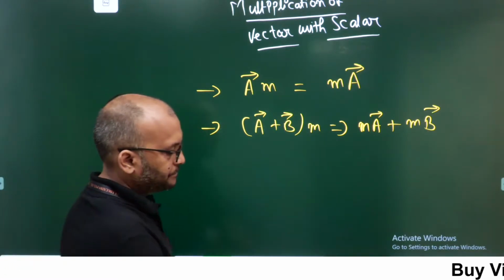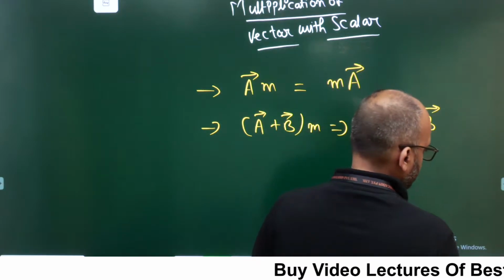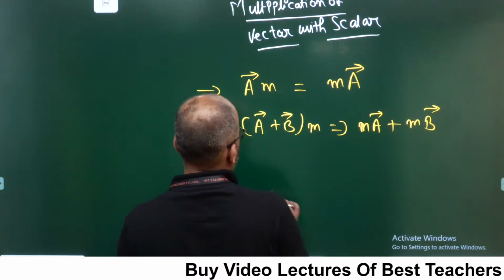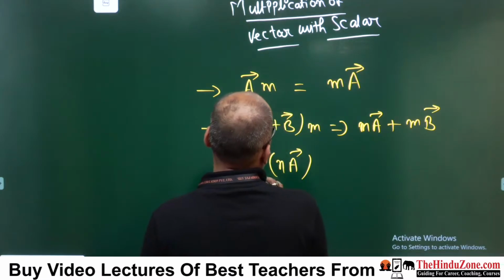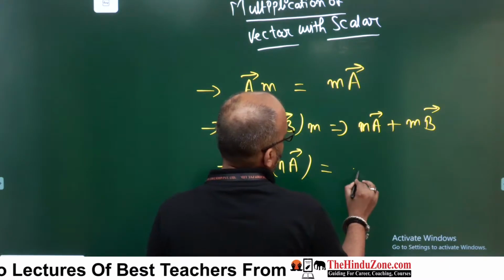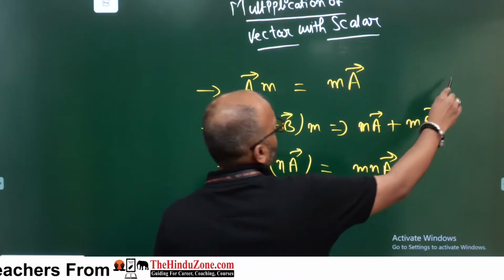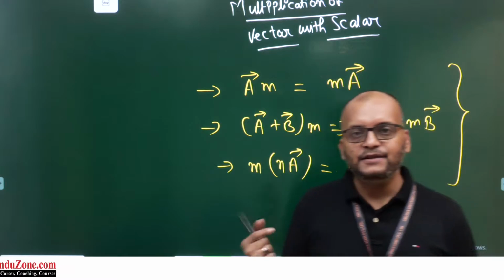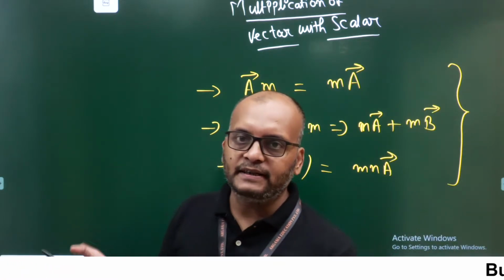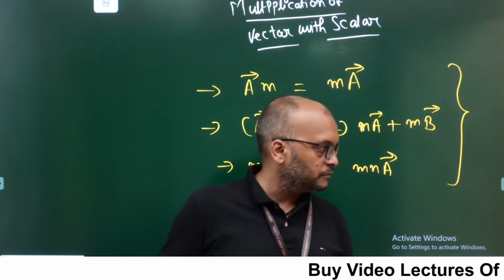If you have got an A vector and you are multiplying it with the scalar m, result will be m into A vector. So it is very simple. You just have to multiply the scalar as you used to do with a vector quantity. Nothing special in it. Please note it down.